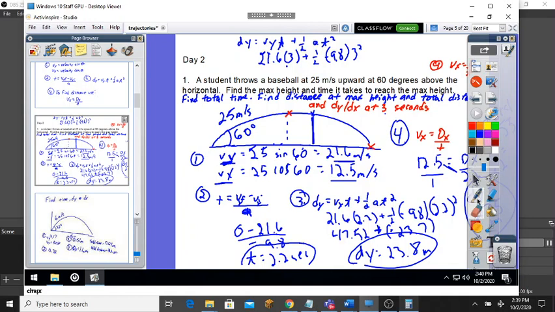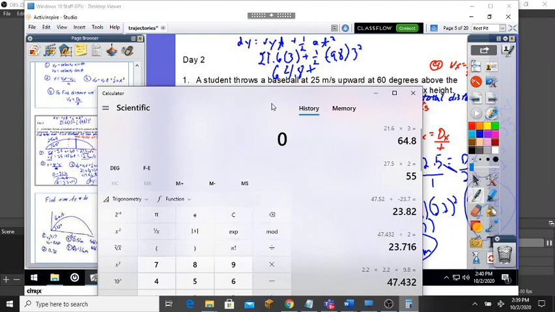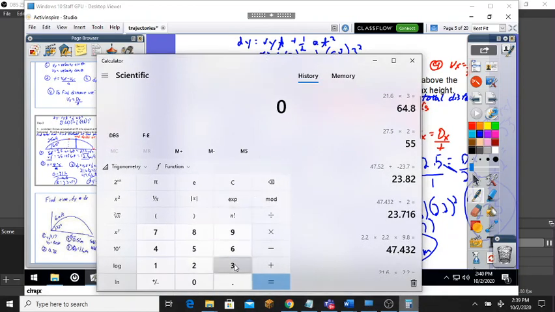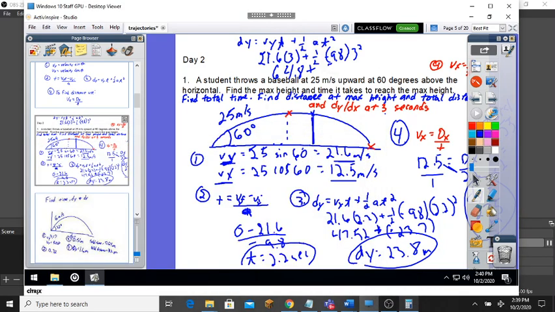Plus, and I like to go backwards here, 3 squared, 3 times 3, 3 times 3 times 9.8 divided by 2. 44.1, and that should be a negative because of that negative, right? 44.1 negative.